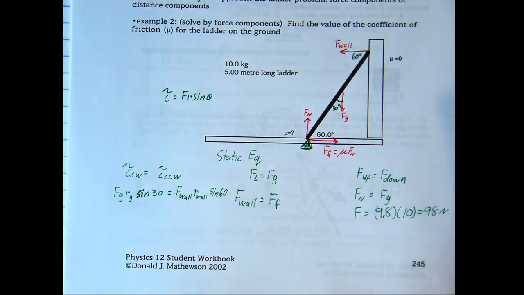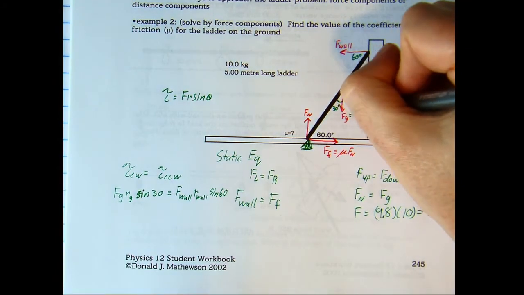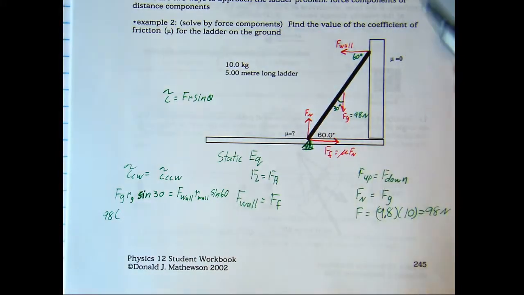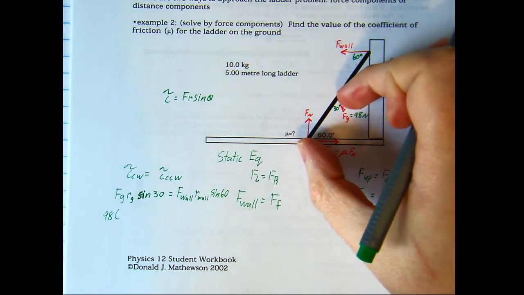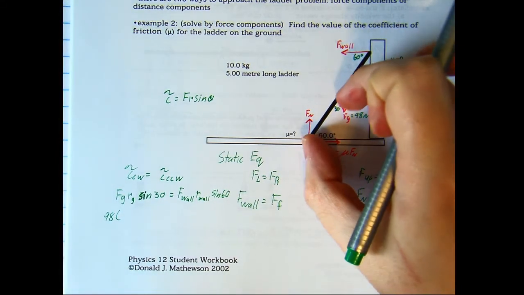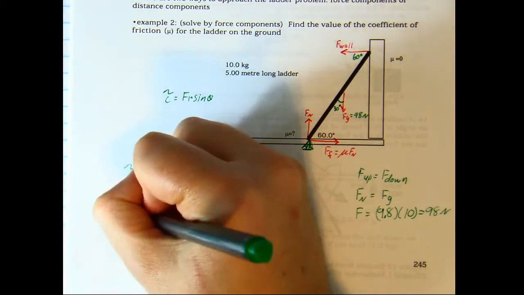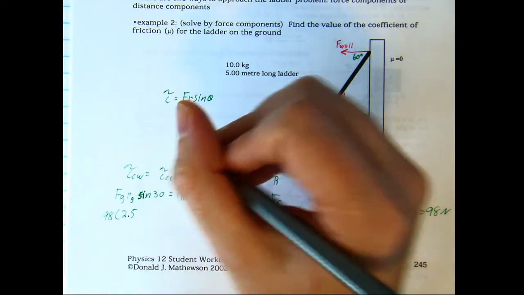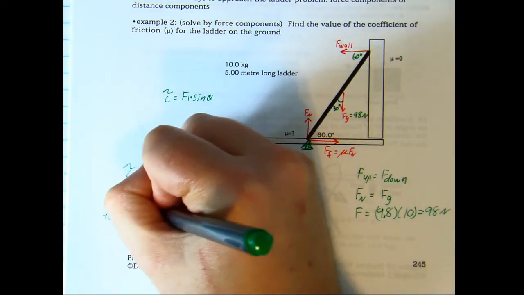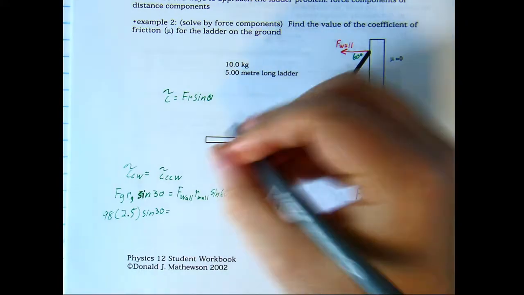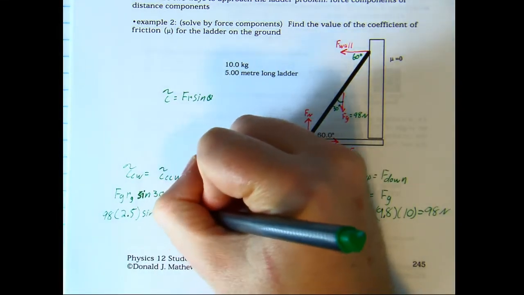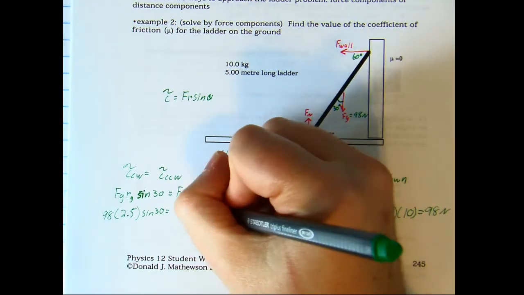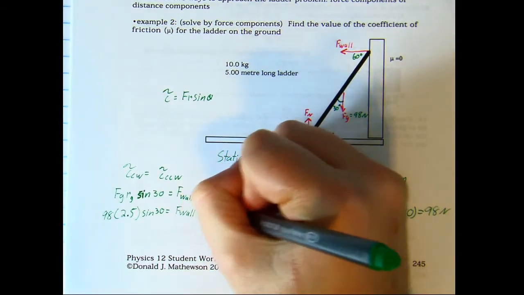Fg we know. Fg is 98 newtons. So we're going to get 98 times, we're told this is a 5 meter ladder, so that's 2.5 meters from the pivot to the middle. So 98 times 2.5 times sine of 30 equals force from the wall times the length of the ladder, so that's just going to be 5 sine 60.